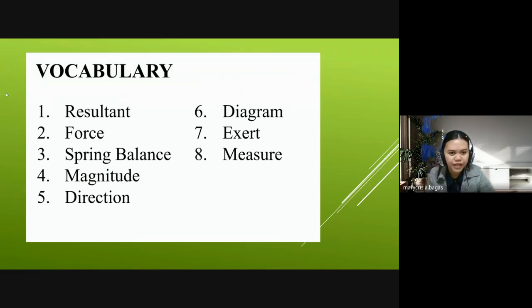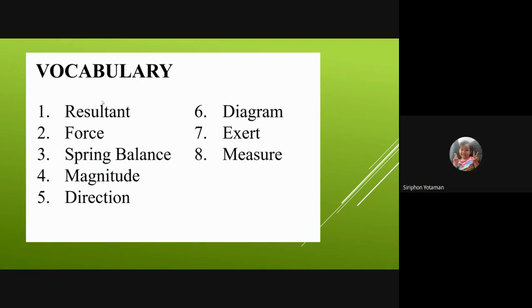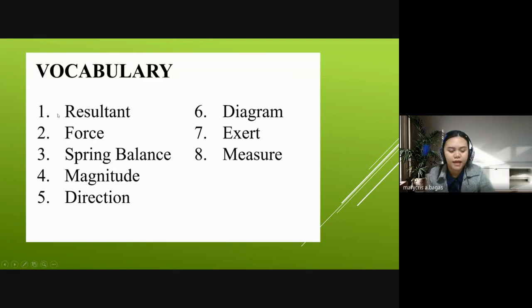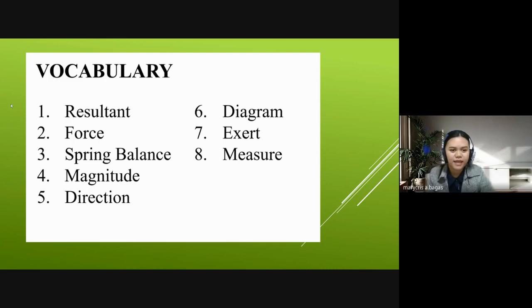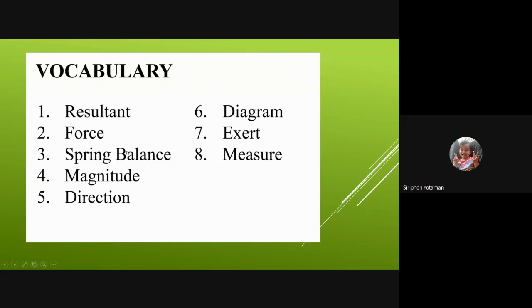First word is resultant. Everybody read, resultant. I want everyone to read. Resultant. Okay. Next word is force.